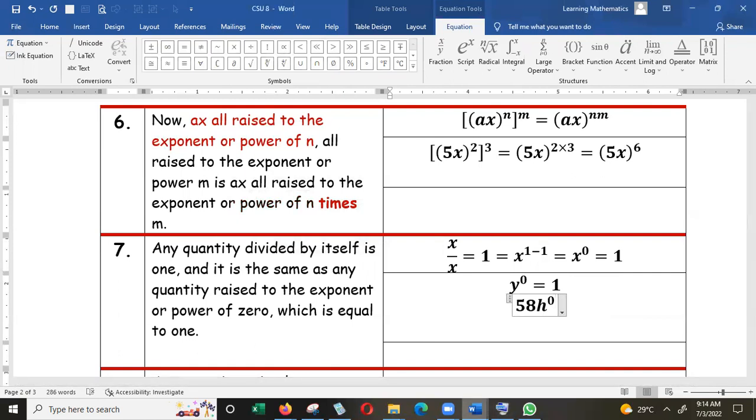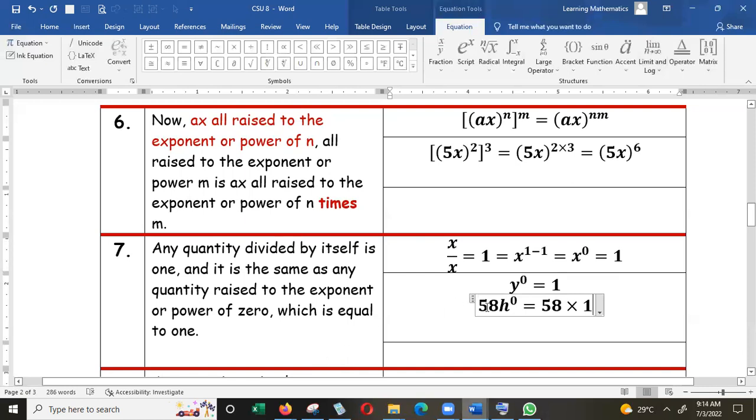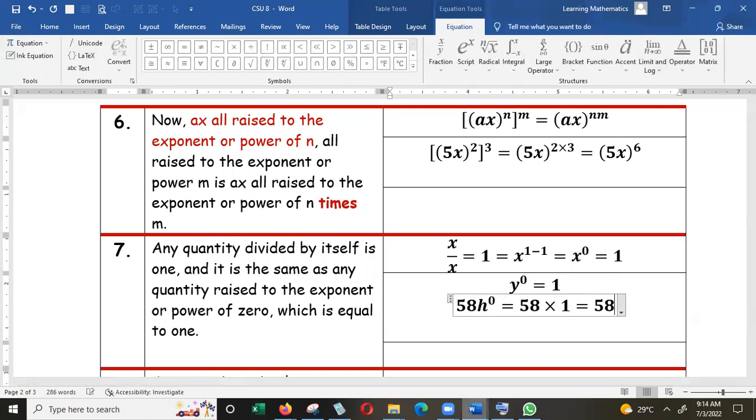And as you can see, it's only h alone that has been raised to the power of 0. This is equal to 58 times 1, just to show you that h to the 0 is 1. This is 58 times h to the 0. 58 times 1, because h to the 0 is 1, which is the same as 58.